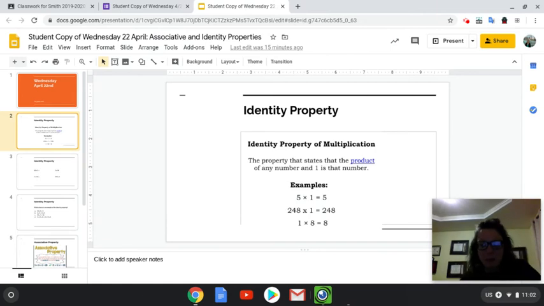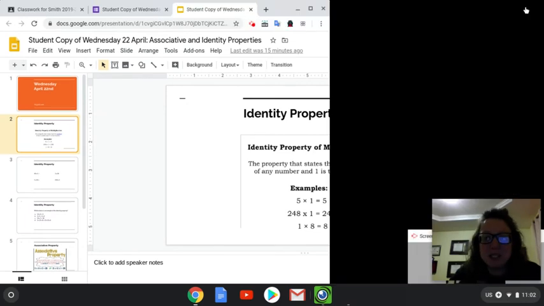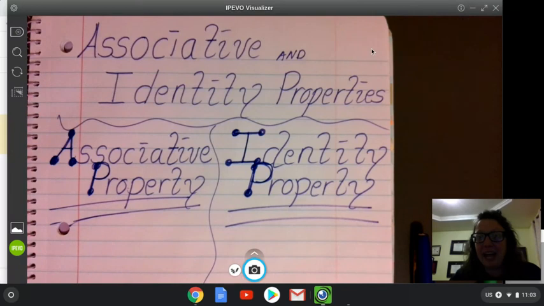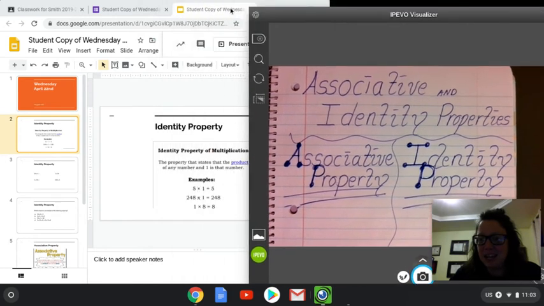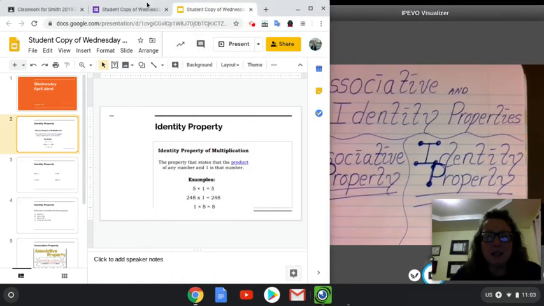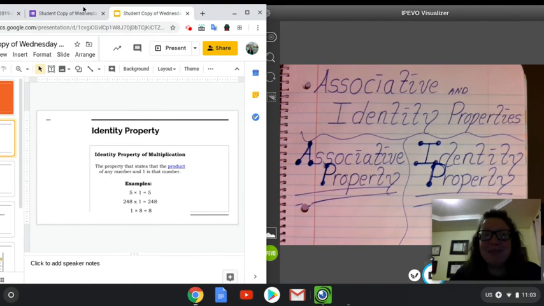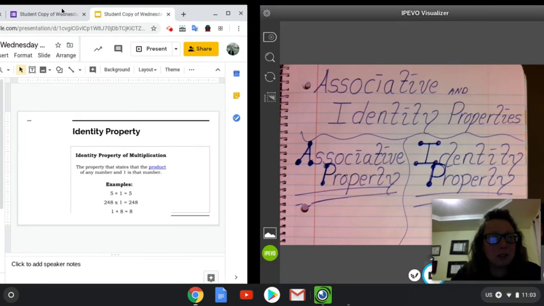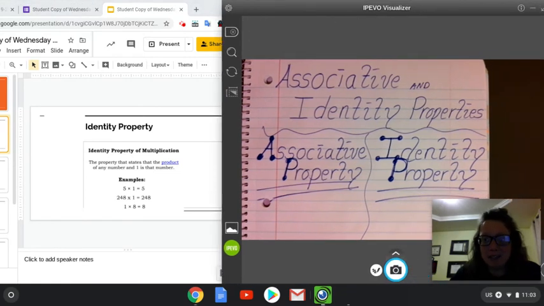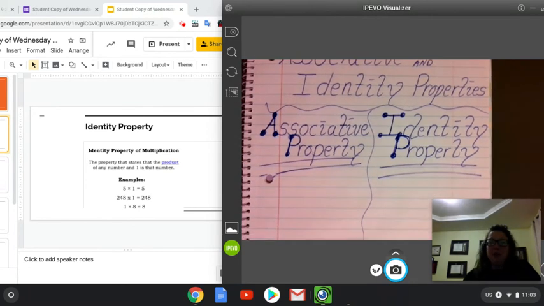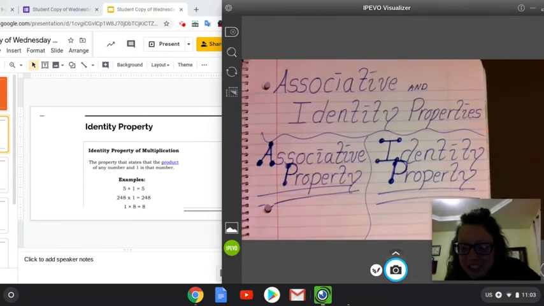Now, I know it's been a while since we talked about those properties, and I'm going to go ahead and split my screen, and I already have my other pulled up so that you can see the notes that I'm taking so that you can have the same thing in yours and that way you know you have all of the same information that I do.